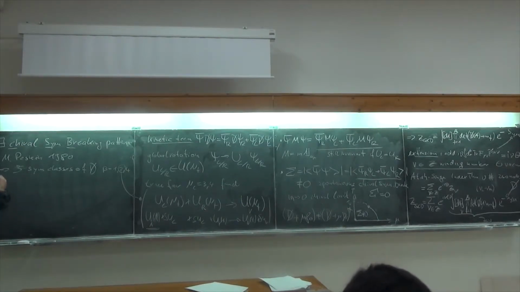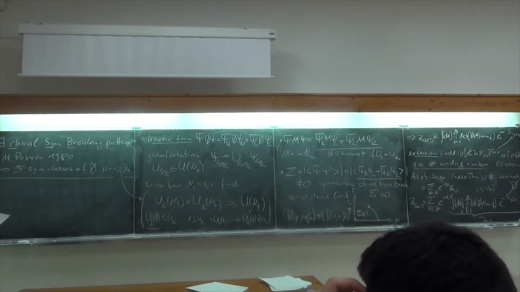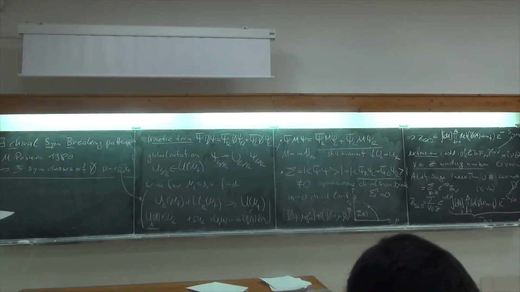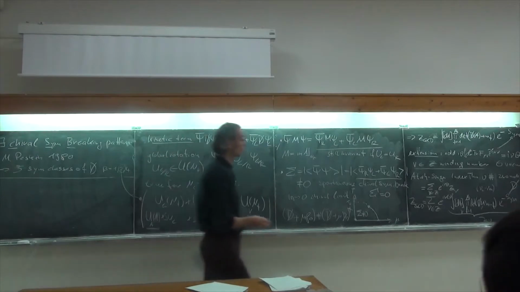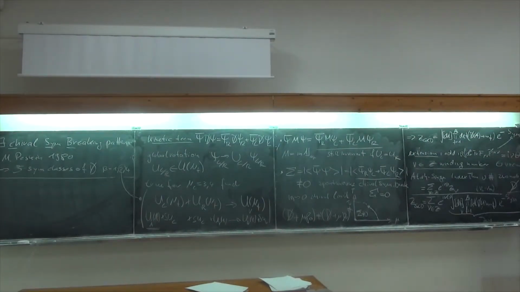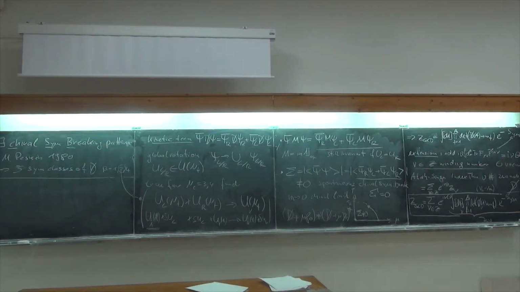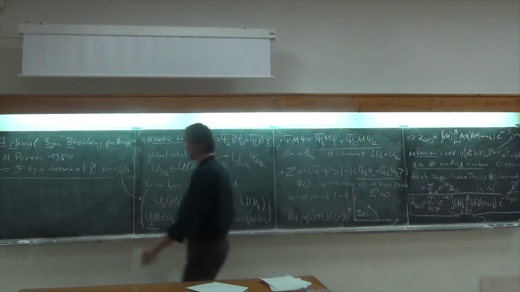Now, as I promised, as a second step, I will do a naive replacement of this QCD partition function as we have it here by a random matrix model. Now, you can already almost guess how this will look. Well, I had a Dirac operator here.